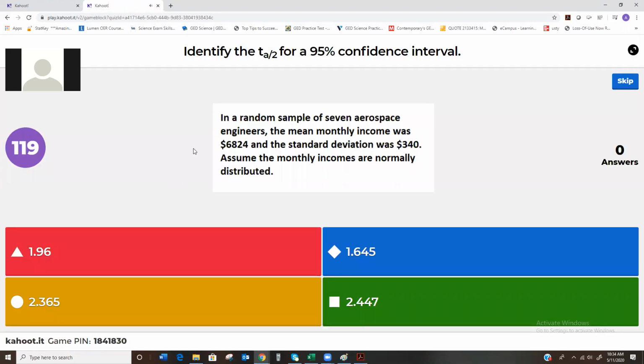Okay, so this is one where you want to look up on the chart. Try to see if you can find the T sub alpha over 2, 95% confidence interval for this problem. I'll pull the chart up in a second. But remember the things you're looking for: we know it's a confidence interval, so you know what row to look at at the top. It says 95%, we're doing a T, and it's a sample of 7.